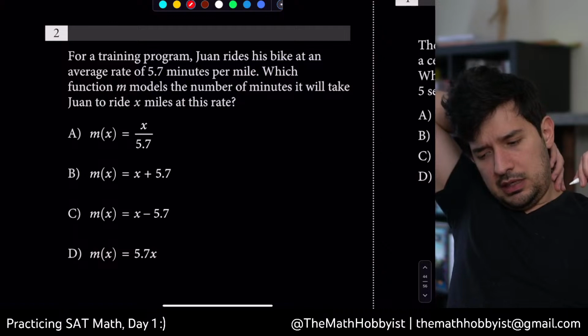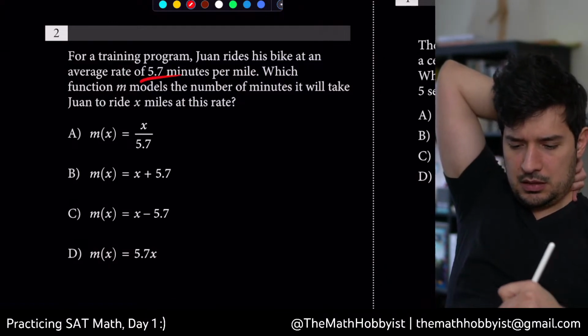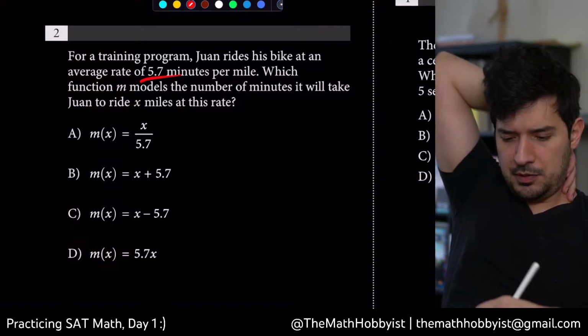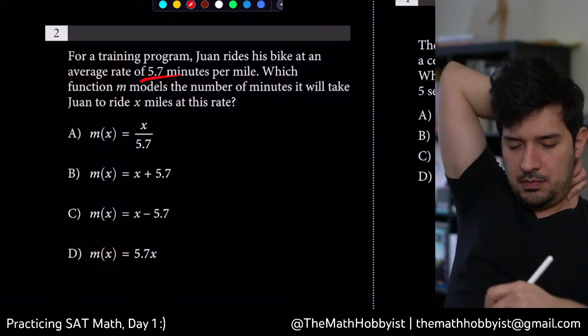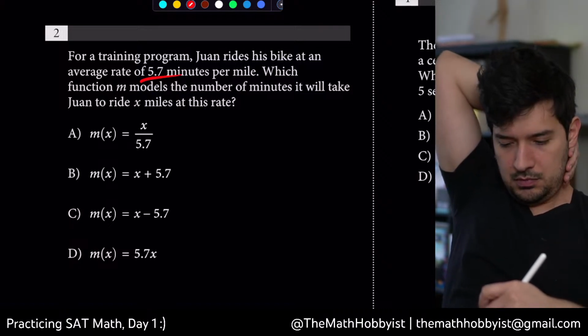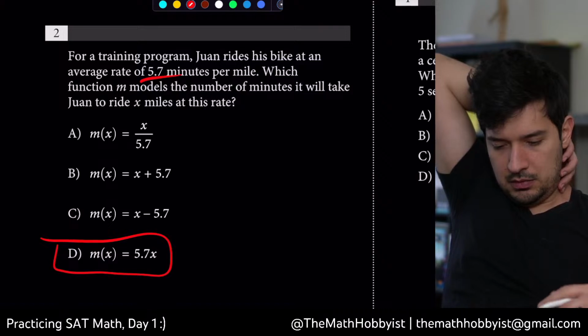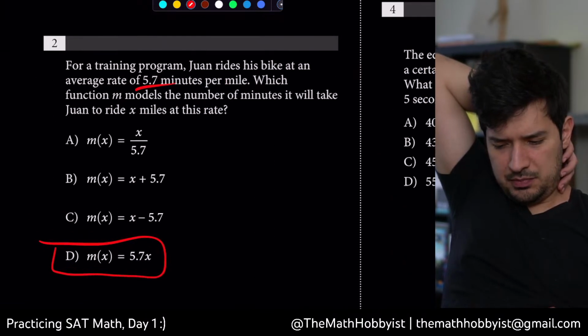For a training program, rides a bike, 5.7 minutes per mile. Number of minutes to ride X miles. 5.7 minutes per mile, yeah. Oh, wait, to ride X miles.